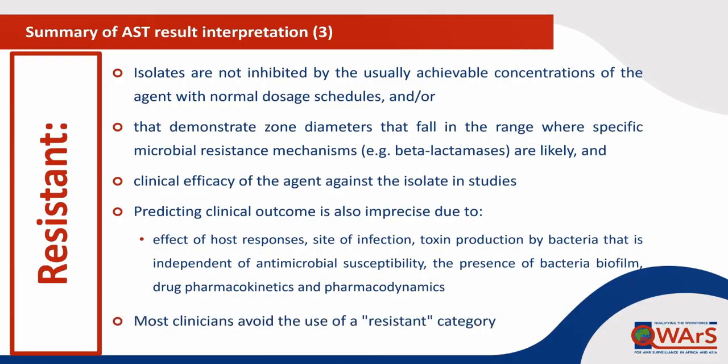With the exception of urinary bladder infections and some mycobacterial infections, most clinicians avoid the use of a resistant category drug to treat infection. As mentioned before, laboratories should use standards for reporting quantitative resistance data, for example, minimal inhibitory concentrations or zone diameters that will detect decreased susceptibility.